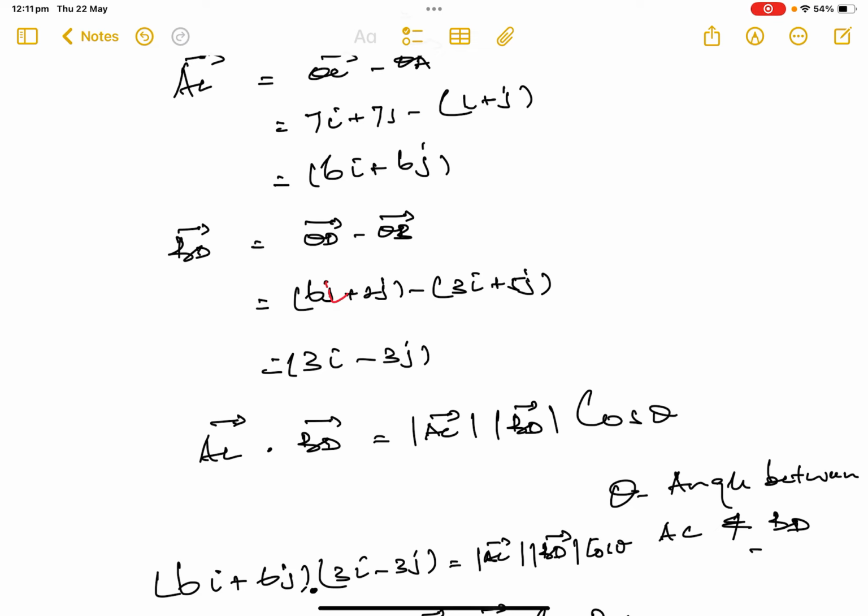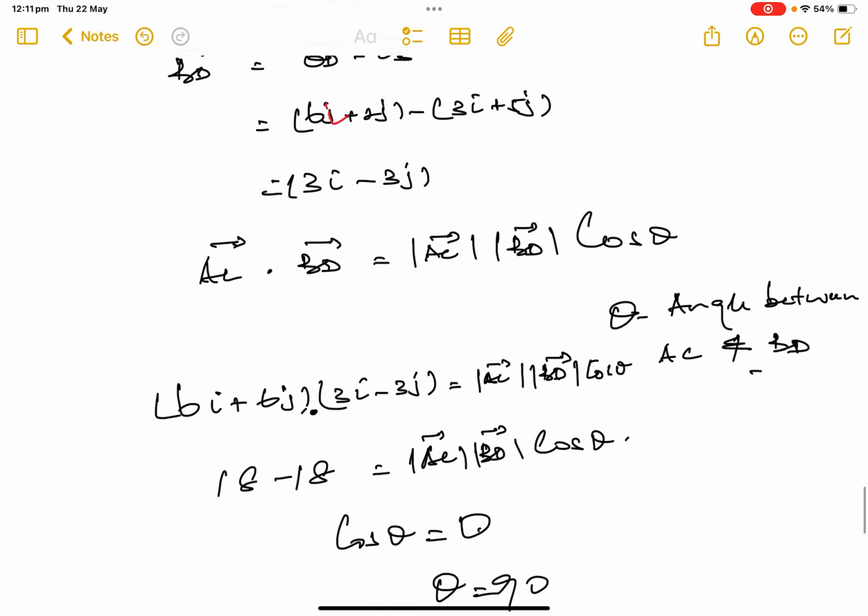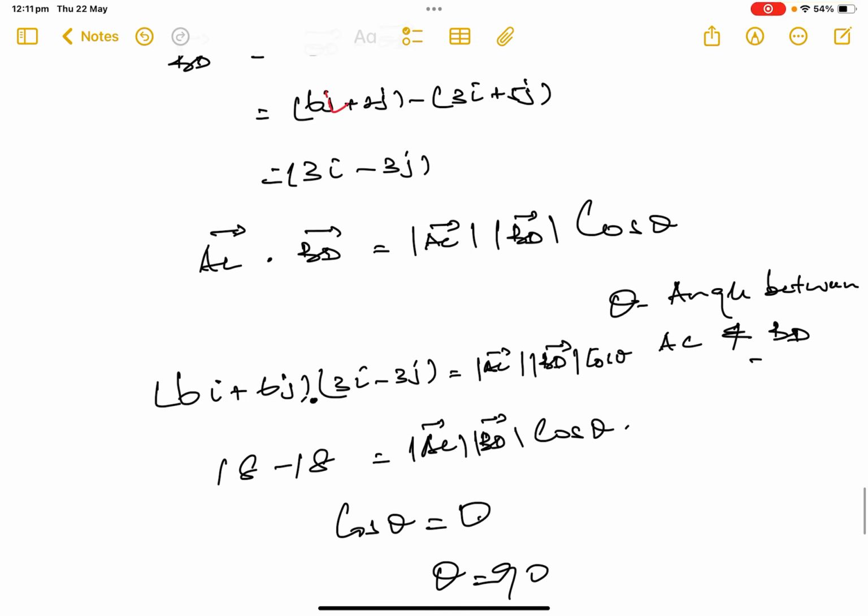Let's see the relation between AC and BD. The dot product AC dot BD equals modulus of AC times modulus of BD times cos theta, where theta is the angle between the two lines. AC is 6i plus 6j, dotted with 3i minus 3j.